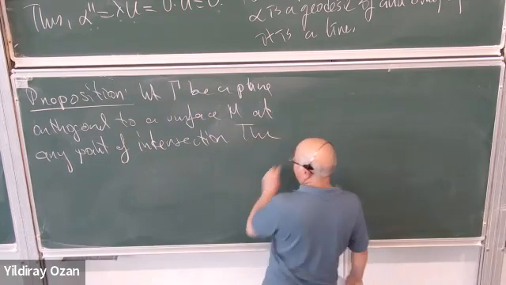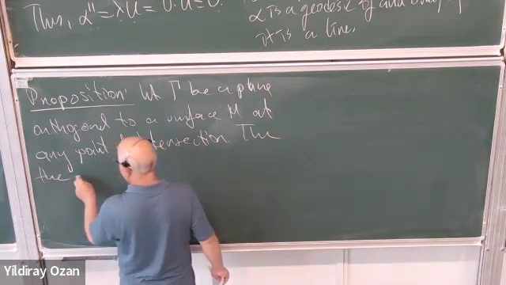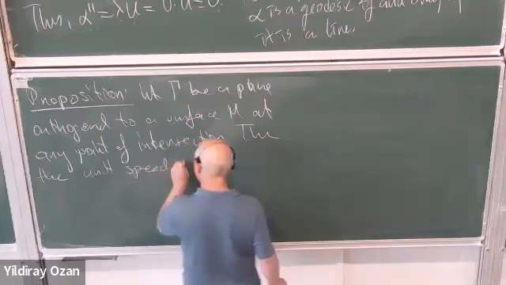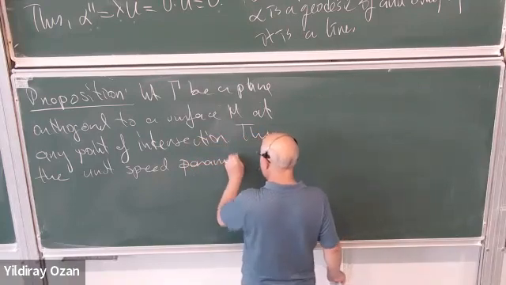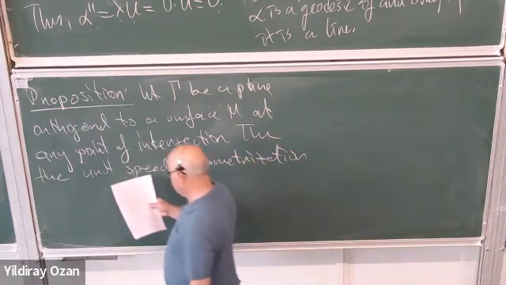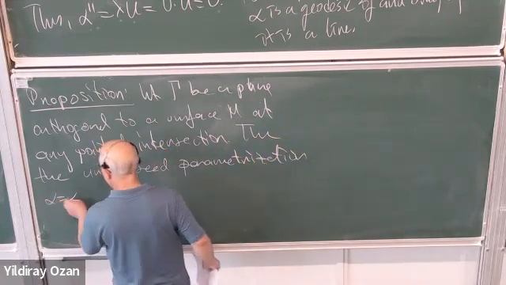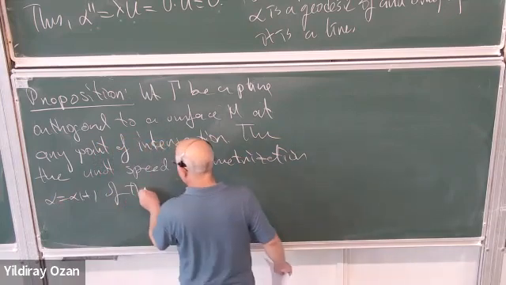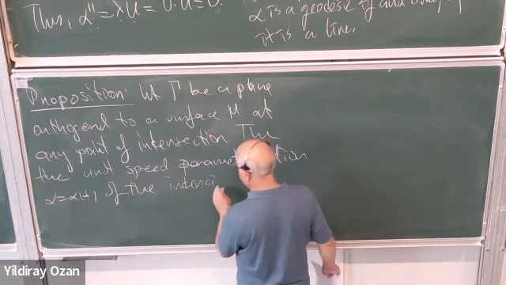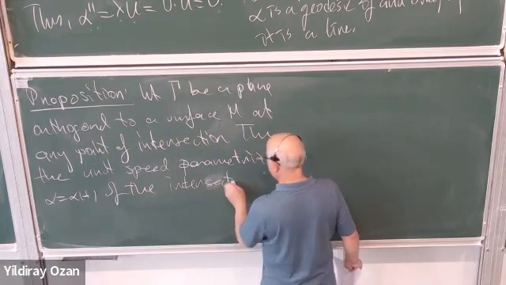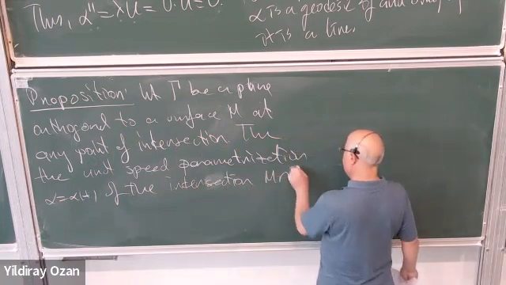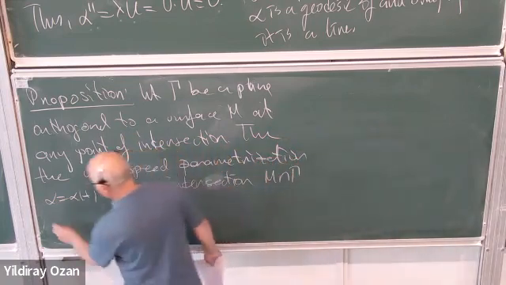Then the unit speed parameterization alpha t of the intersection with M is a geodesic.